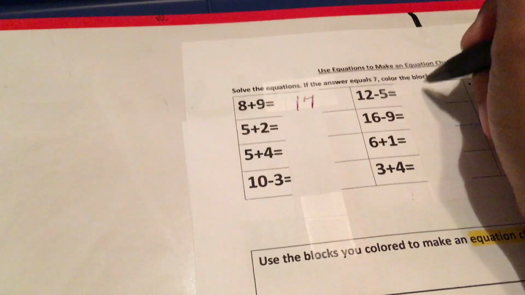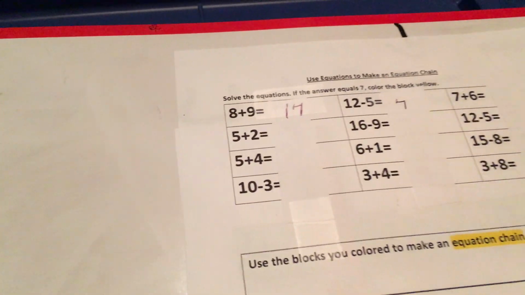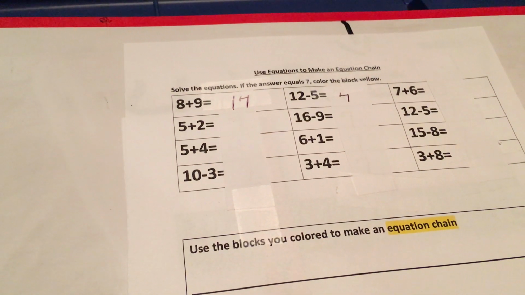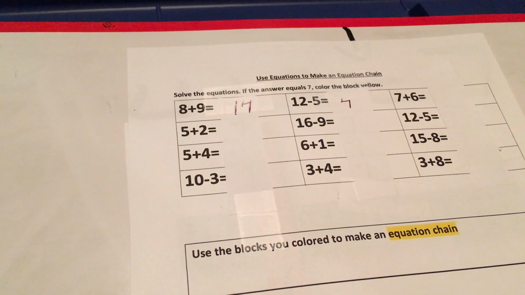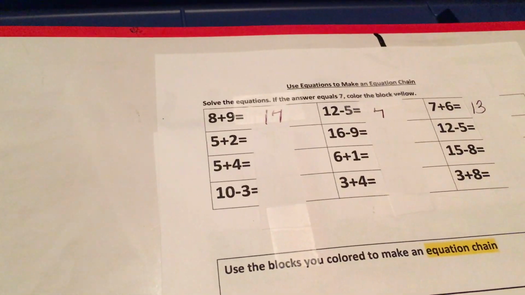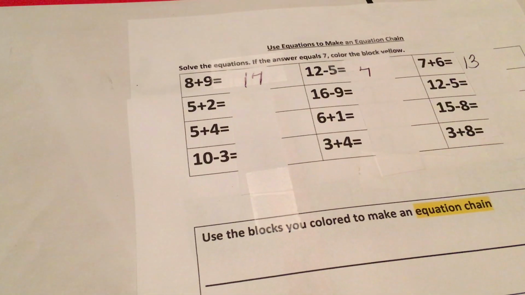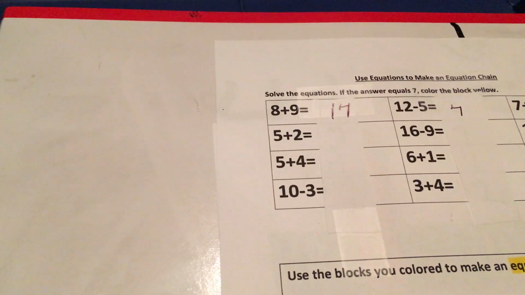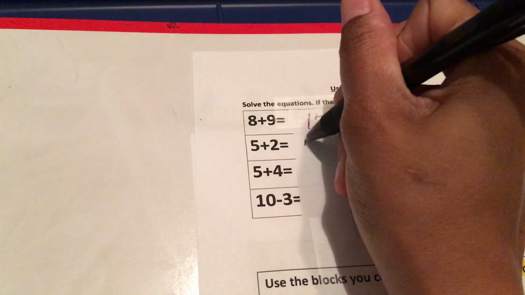If you said 7, you are correct. Nice job. Alright, 7 plus 6. Good job. 7 plus 6 is going to give me 13. Alright, 5 plus 2 is just going to be 5, 6, 7. So I'm just going to write 7.